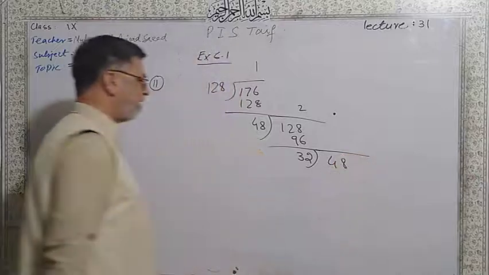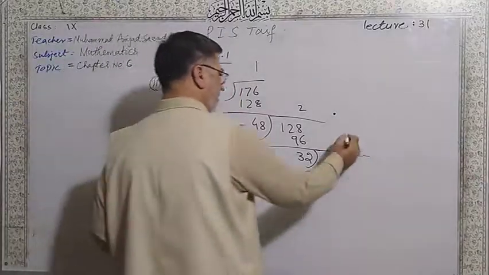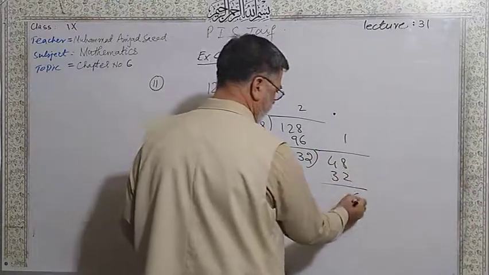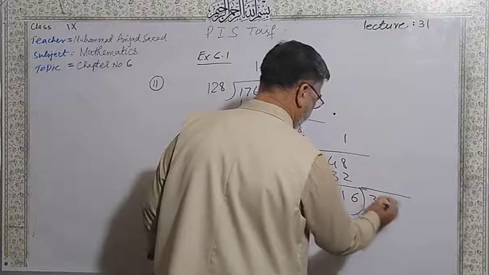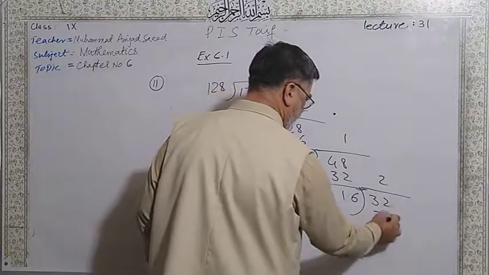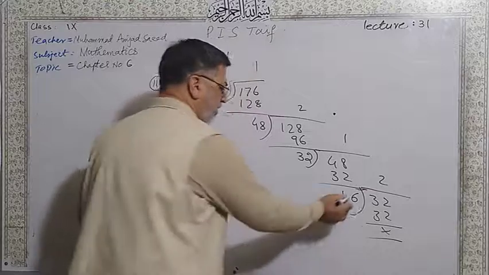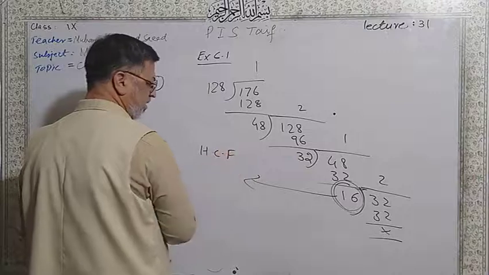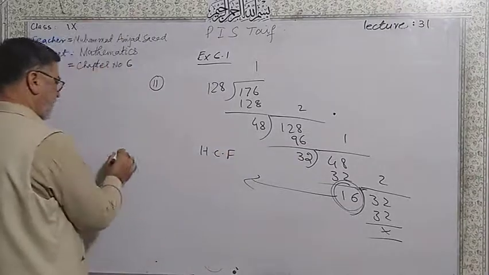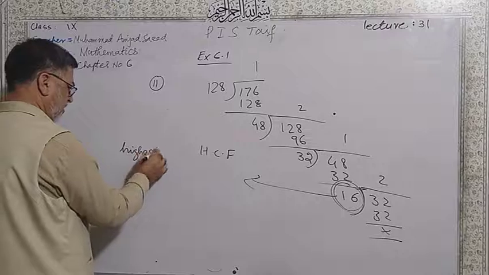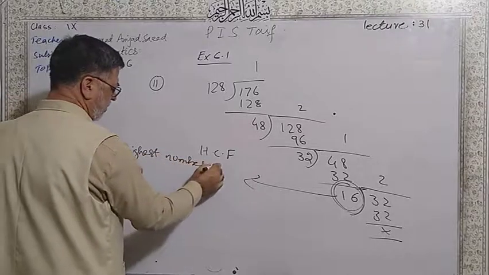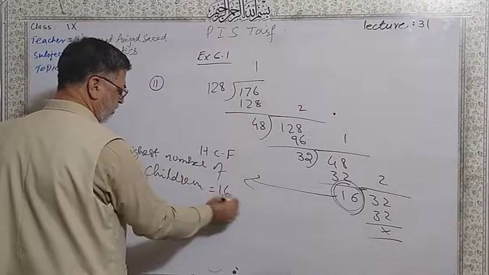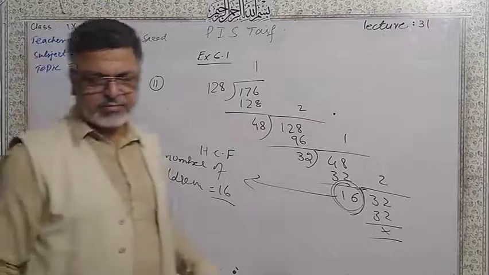Bring 48 inside. Then, if we go with 1, 32. Here is 16. Again bring 32 inside. 16 2 is the 32 and remainder is 0. So this last divisor is HCF, which means that the highest number of children will be equal to 16, which will get the fruit in this way.